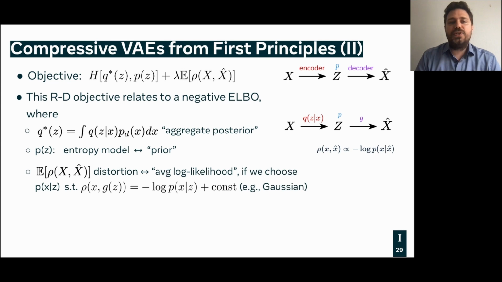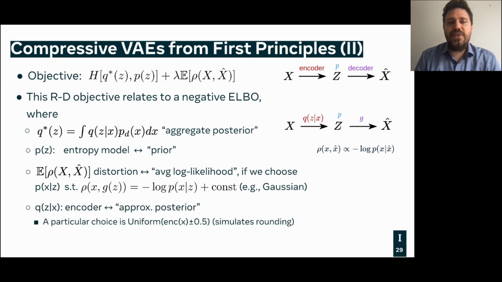And finally, the distortion term becomes an expected log likelihood if we pick a likelihood function whose logarithm corresponds to the distortion measure rho. Now, a common choice for the variational distribution Q is a uniform distribution, in which case the analogy becomes exact. And the uniform distribution simulates the rounding operation during training and will lead to a practical codec, as Yibo will explain in more detail in part 3.